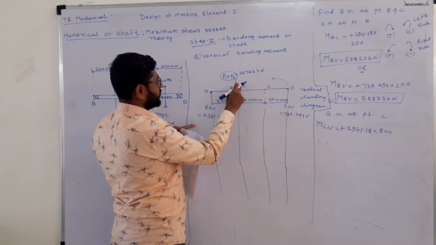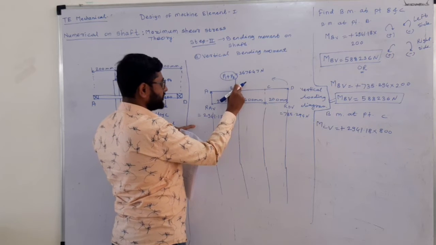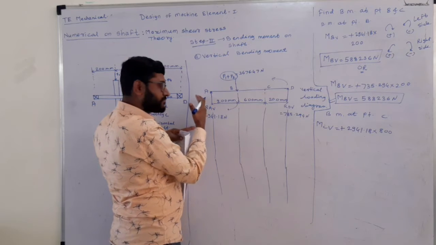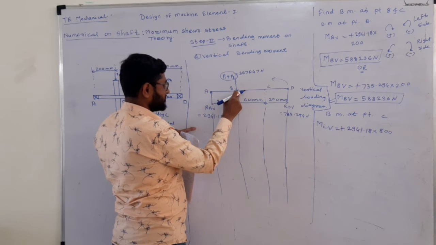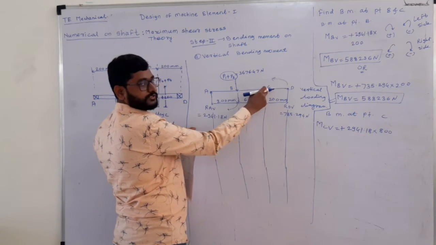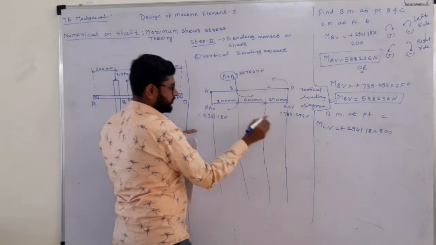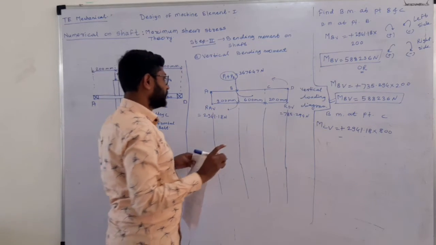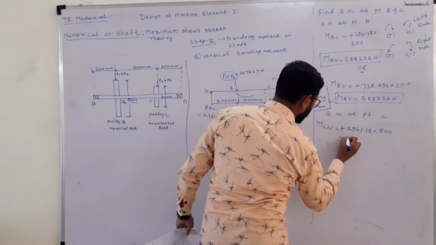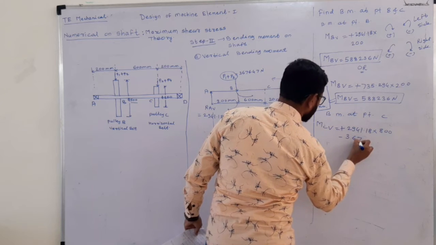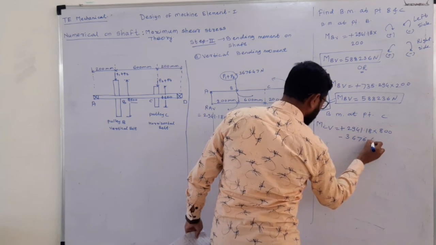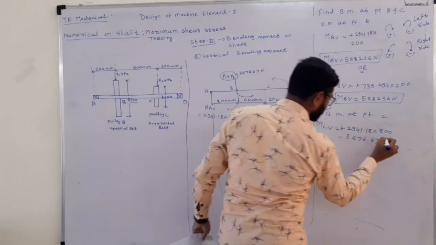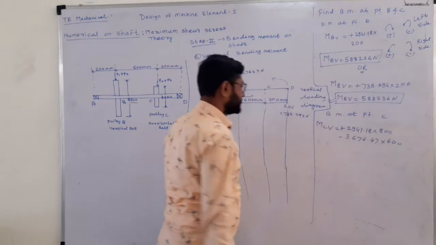For this particular force, sign convention is negative because here we have to consider left side forces, and this force is acting anti-clockwise towards point C. That's why here we consider sign convention as negative, and that force is 3,676.47 into perpendicular distance is 600.